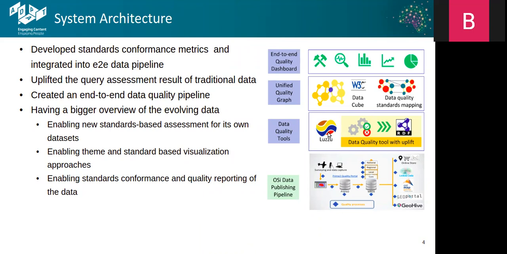And we assess the geospatial data by using an open source framework called DCU. On the other hand, we uplift the existing data quality results, which were provided by OneSpatial data, to a semantic layer to have a unified quality graph, as you see in the third layer.